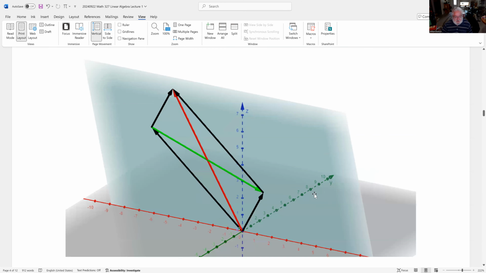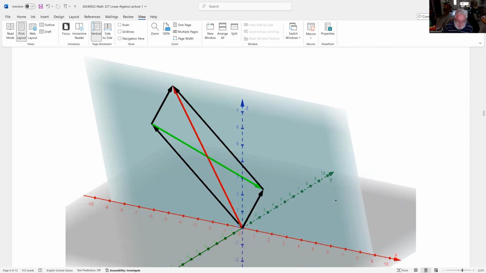So V1 plus V2, this is my V1 here, and this is my V2. Adding them together is the red, right? Because this is V1, so V2 plus V1, that gets me this long red vector.